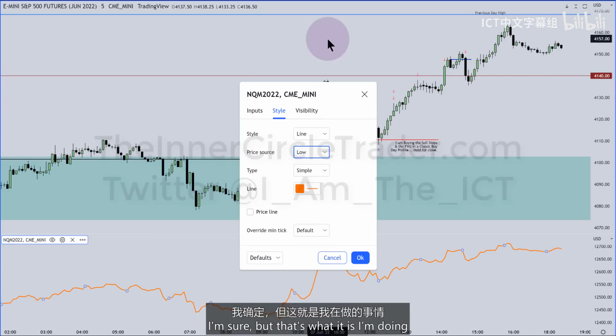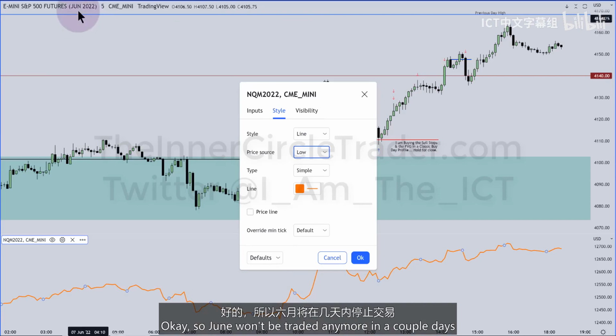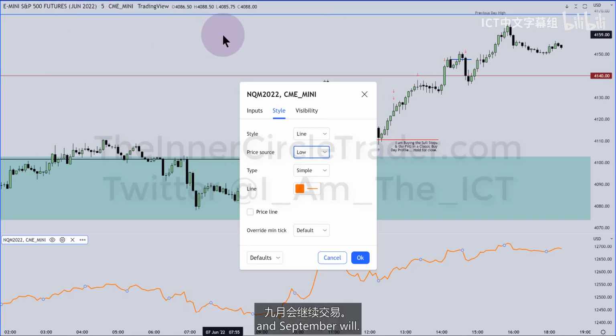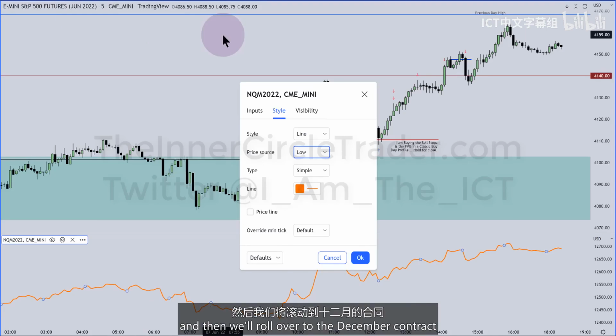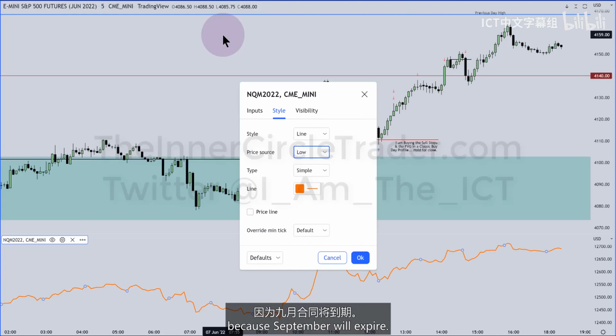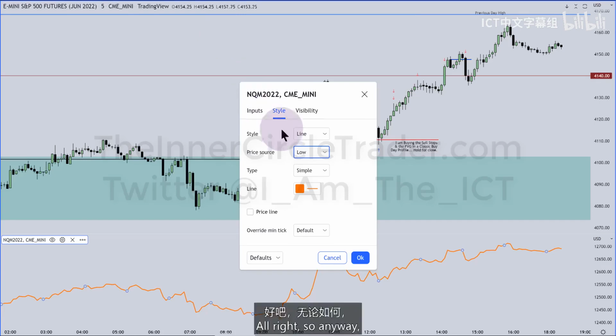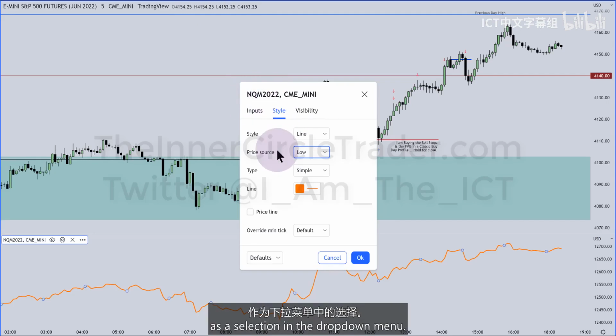It's a little different from everybody else, I'm sure, but that's what I'm doing when I'm rolling over into the next month, because these contracts expire. Okay, so June won't be traded anymore in a couple days, and September will. And we'll trade September until a week or so into September, and then we'll roll over to the December contract because September will expire.